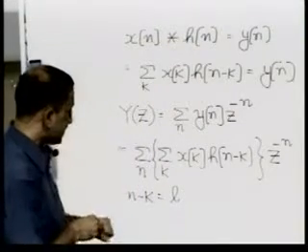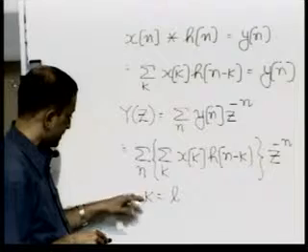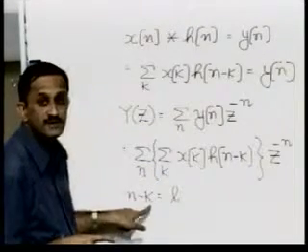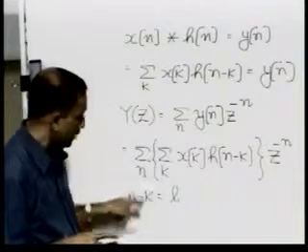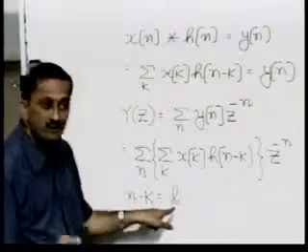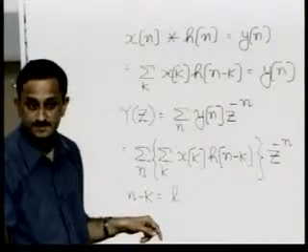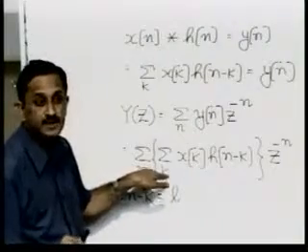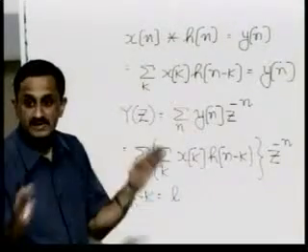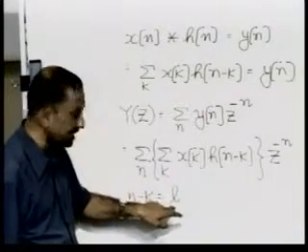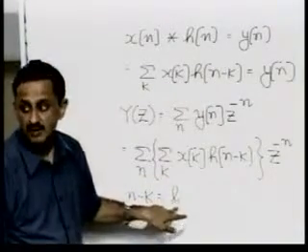Now, once again the same reasoning. For a given k, when n runs over all the integers, L will also run over all the integers. So, a double summation on n and k with both of them running over all the integers is equivalent to a double summation on k and L with both of them running over all the integers.